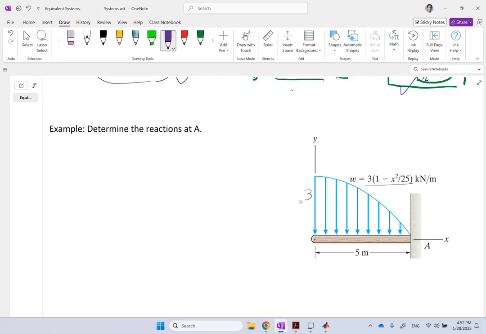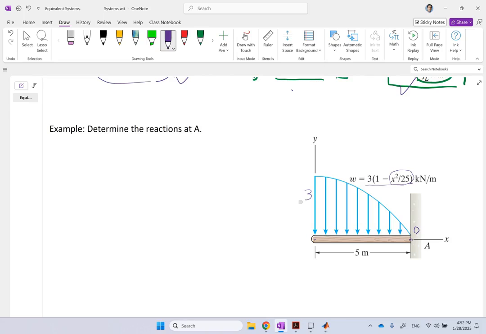The maximum is 3. As X goes toward 5 at this end, this term gets bigger and bigger, and 1 is subtracted. So ultimately, when you come here, it goes to 0. So it's basically a backward or upside down parabola, this quadratic function.